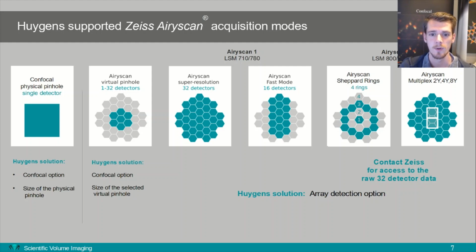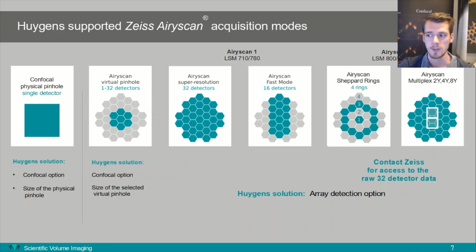This leaves you with 4 separate detector images. However, this does not provide the best results with deconvolution, as some of the positional information of the multiple fields of view is already combined per ring of detectors. It is still possible to get the raw 32 detector data in Airyscan 2 systems. Please contact Zeiss for more information.